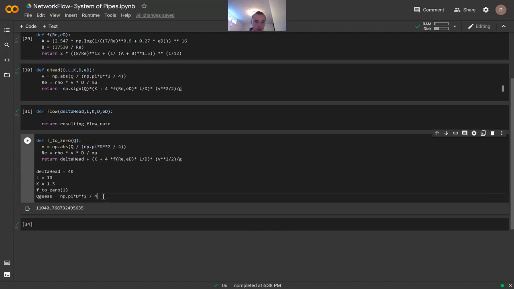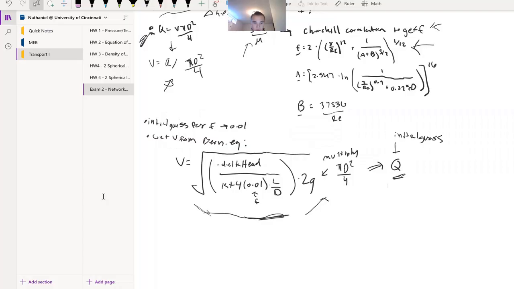times diameter squared over 4, and then we multiply that by the square root of this equation right here, our negative delta head over k plus 4, and then put our Fanning friction factor in there.